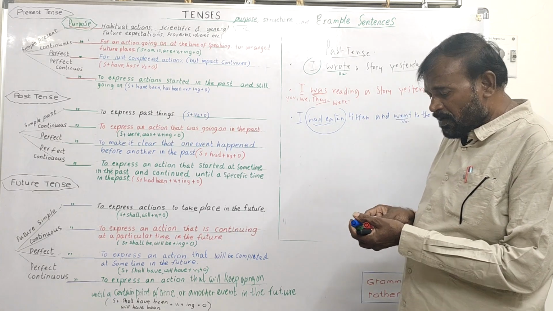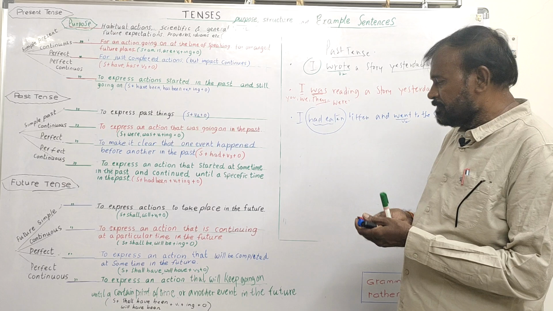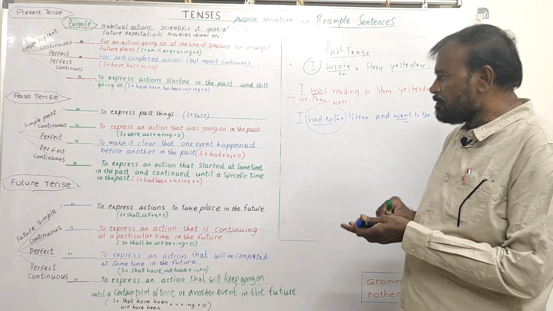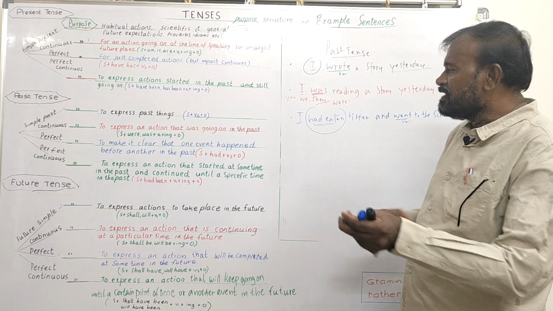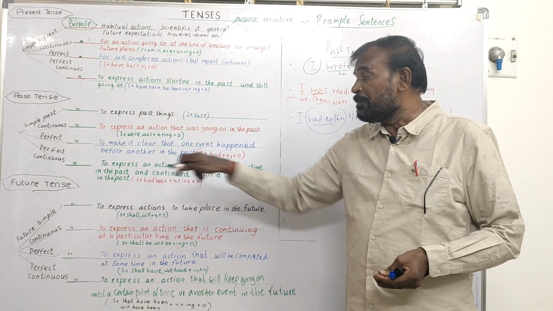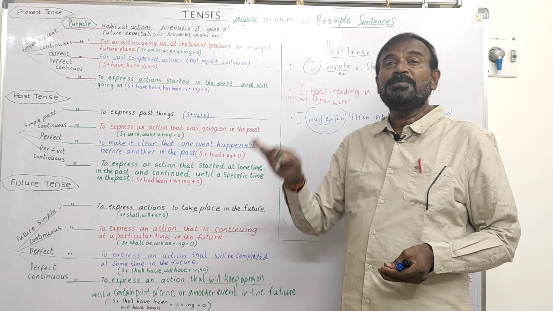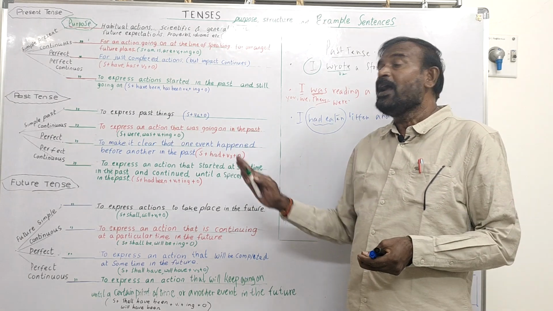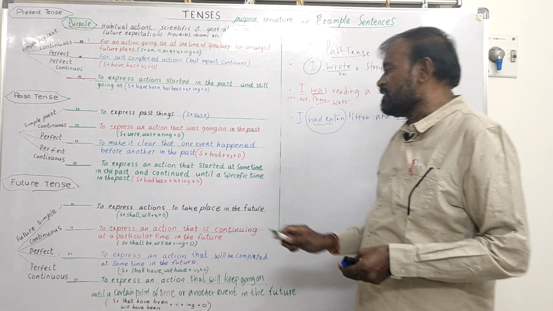And come to the past perfect continuous tense. It is used to express an action that started at some time in the past, continued for some time, and also ended at some time in the past.